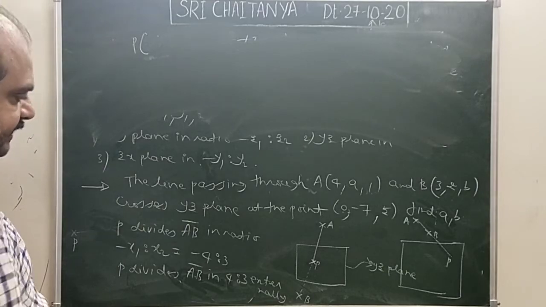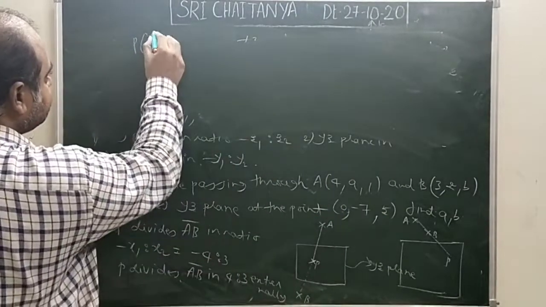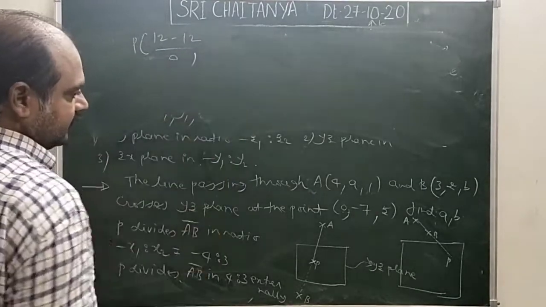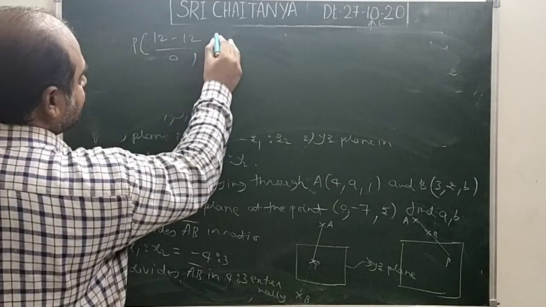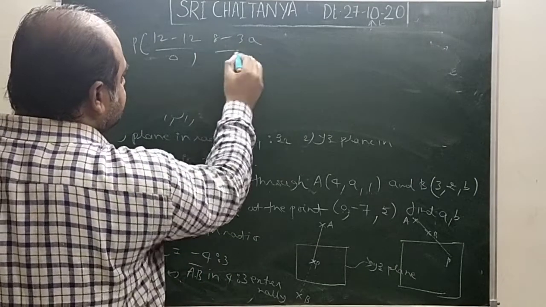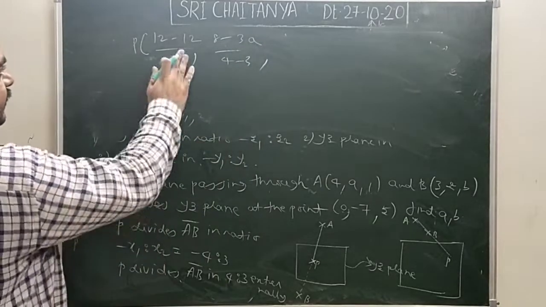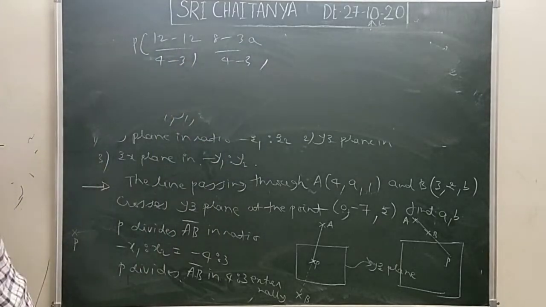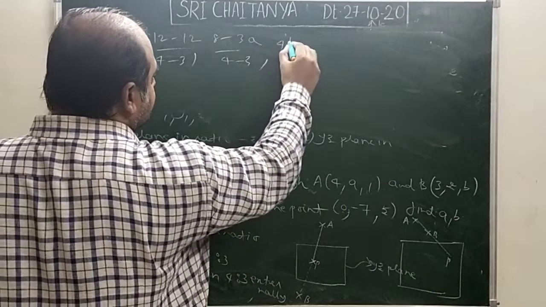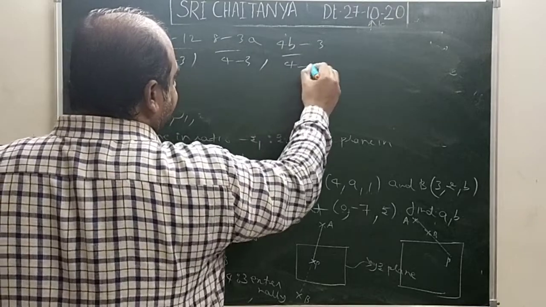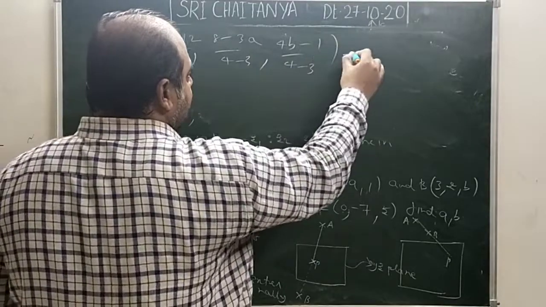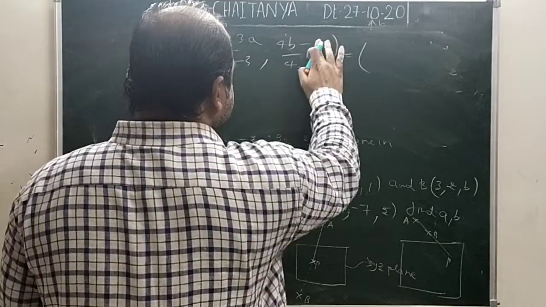So 4 is to 3 externally means: 4 into 3, 12, minus 3 into 4, 12. This obviously will get 0. 4 into 2, 8, minus 3a, divided by 4 minus 3. Then 4 into b minus 3, divided by 4 minus 3.